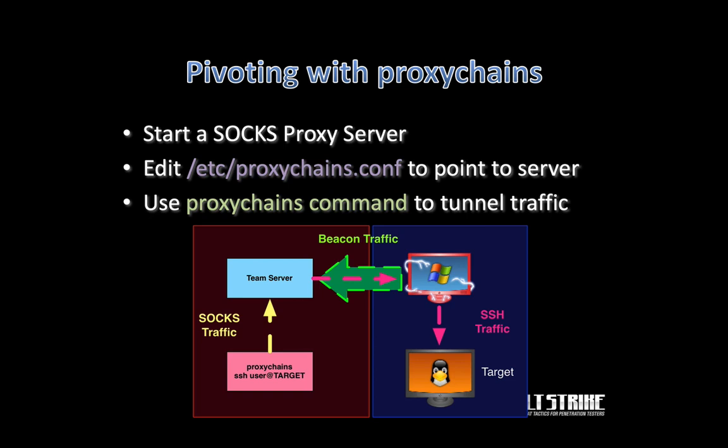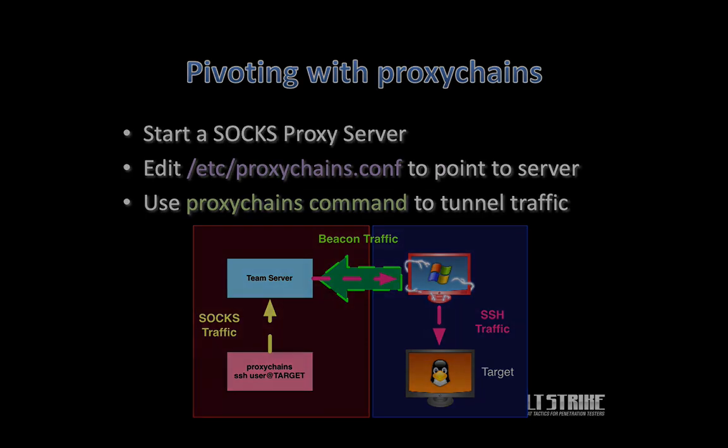And to use proxychains, open up the /etc/proxychains.conf in your favorite text editor, go to the bottom, and point it to your beacon SOCKS proxy server. Then you can run proxychains, whatever command you want, and any outbound TCP connections that program tries to make will be forced through the proxy configuration in your /etc/proxychains.conf file.